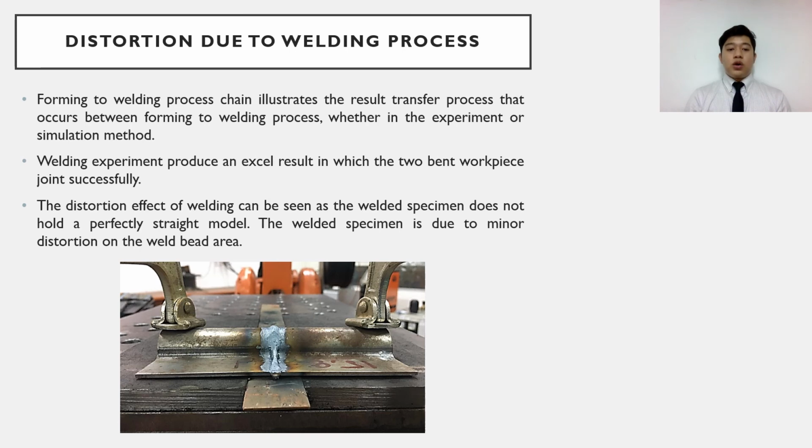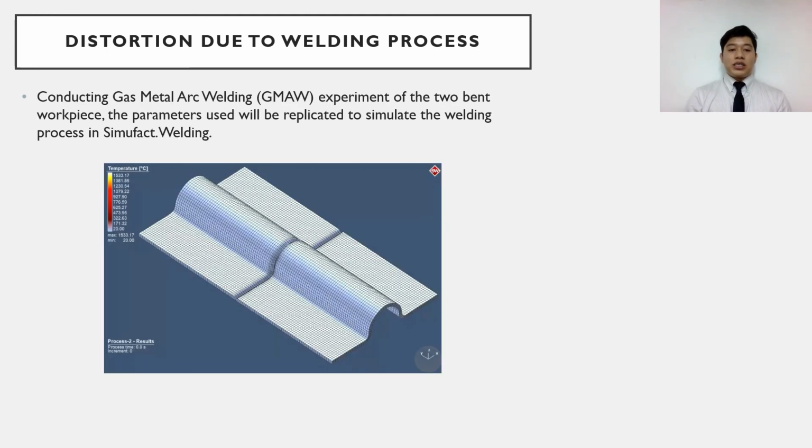The distortion effect of welding can be seen as the welded specimen does not hold a perfectly straight shape, due to a minor distortion on the weld build area, as you can see in the image. These are the gas metal arc welding experiment of the two bent workpieces. The parameters are replicated to run the Simufact welding simulation to simulate the welding process, and it can be seen in the video.